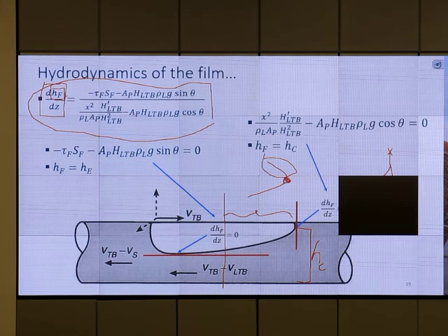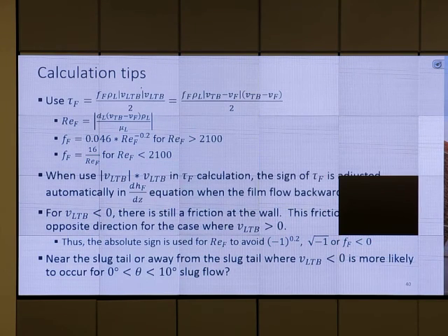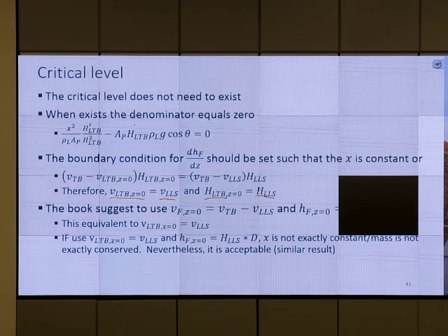We have that. What is tau F at z equal to 0? Can we know that? Tau F at z equal to 0 has to be calculated from velocity at z equal to 0. Velocity at z equal to 0 comes from mass balance.